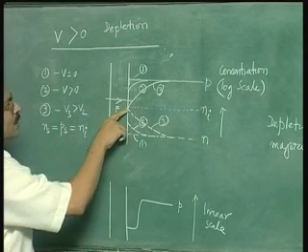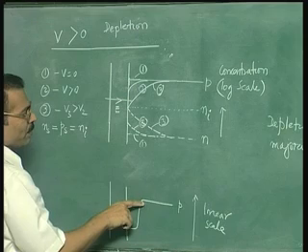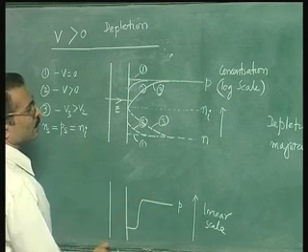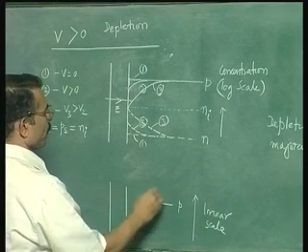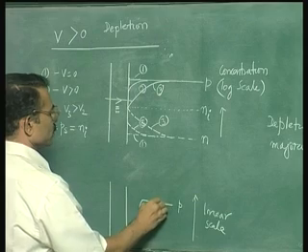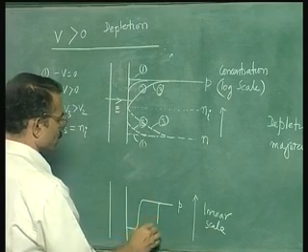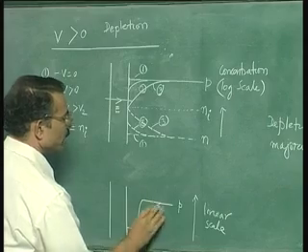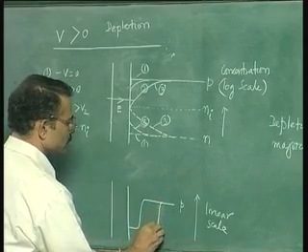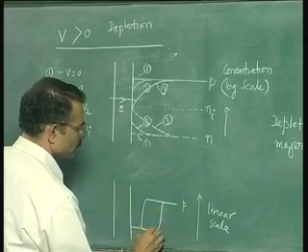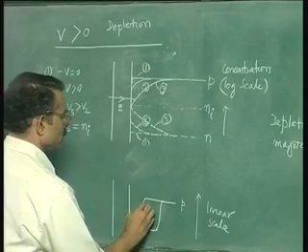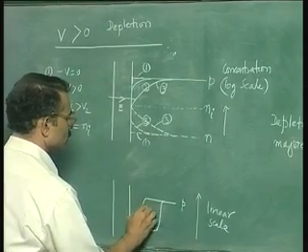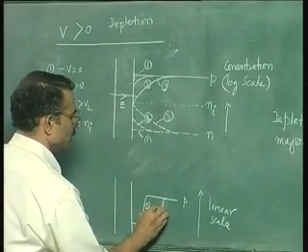Now for this condition, if we want to draw the concentrations on the linear scale, how will it look? You will have the hole concentration coming down much earlier. So this is 2 and this is 3.